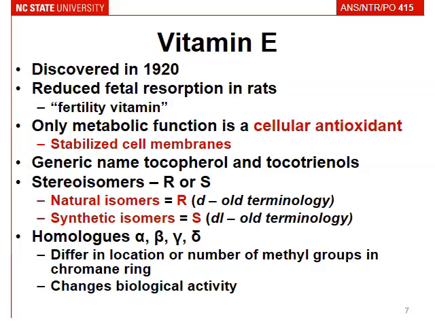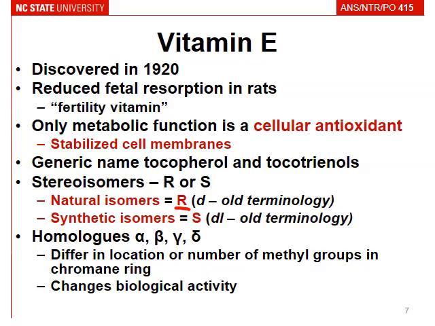So all of our natural isomers are going to have the abbreviation of R. If you read old papers, they may refer to it as D-alpha-tocopherol, so that is the old terminology.